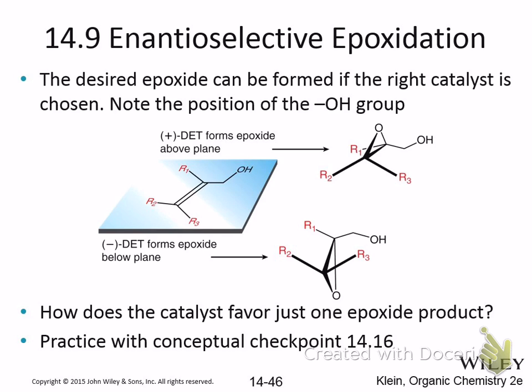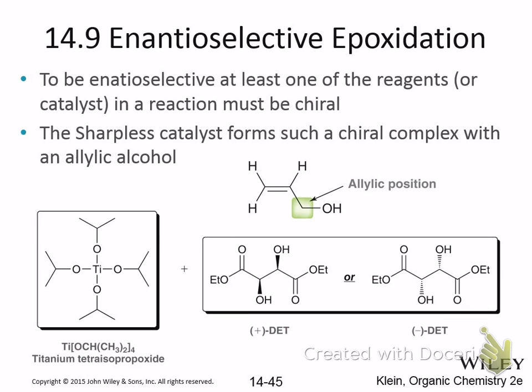And in terms of enantiomeric purity, when we say racemic, it's 50-50. In terms of enantiomeric purity, it's more like 99-1. So having chirality in the catalyst, and the catalyst is this molecule plus this diethyl tartrate, that's this guy here. You notice these are mirror images of each other.